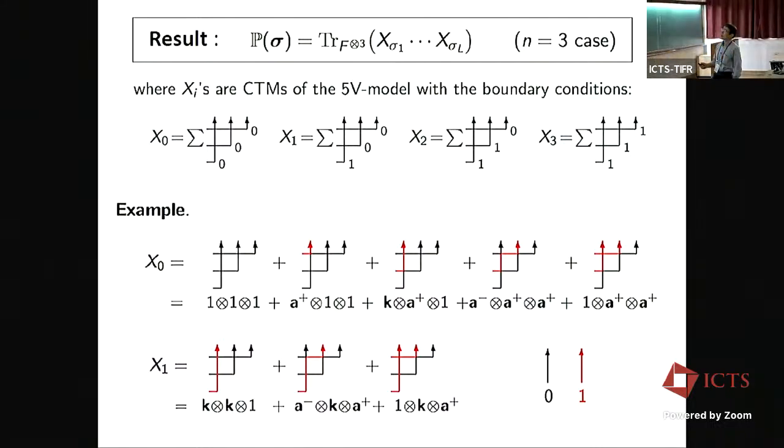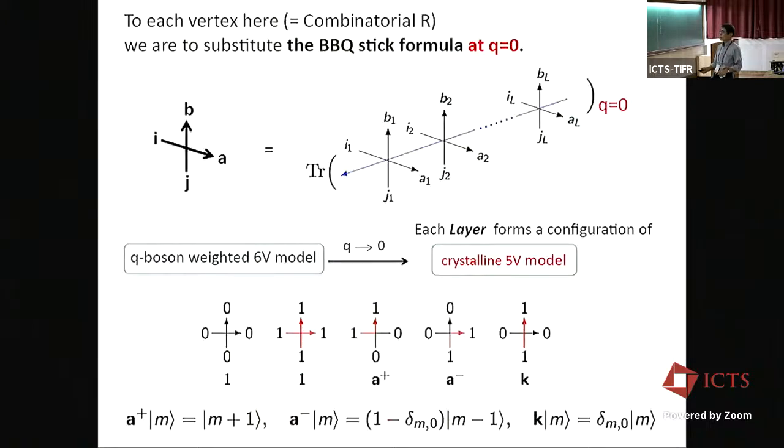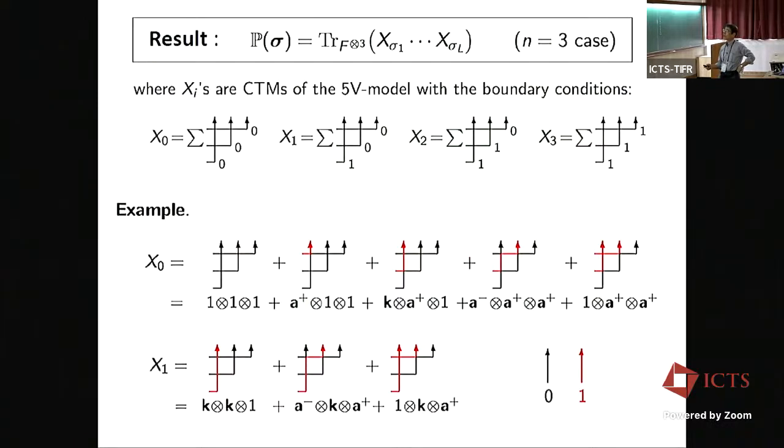So this is a configuration sum, and each edge takes 0 or 1. And every time you decide 0 or 1, you assign this Boltzmann weight, which is an operator acting on the Fock space. So it's a partition function of a triangle, a 5-vertex model on a triangle, but the Boltzmann weights are operators. Okay. Like this.